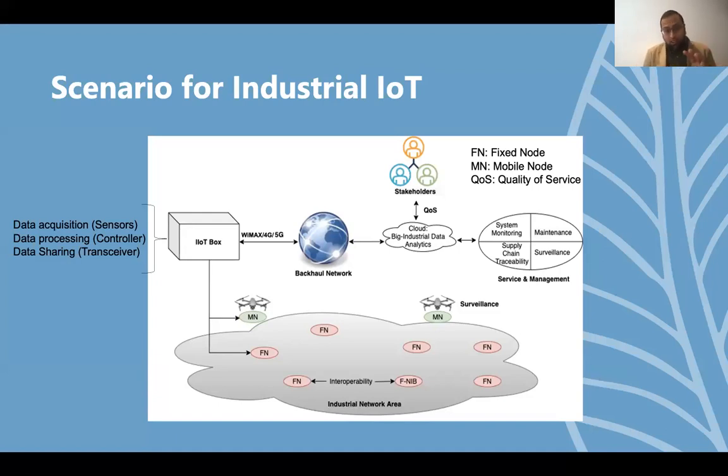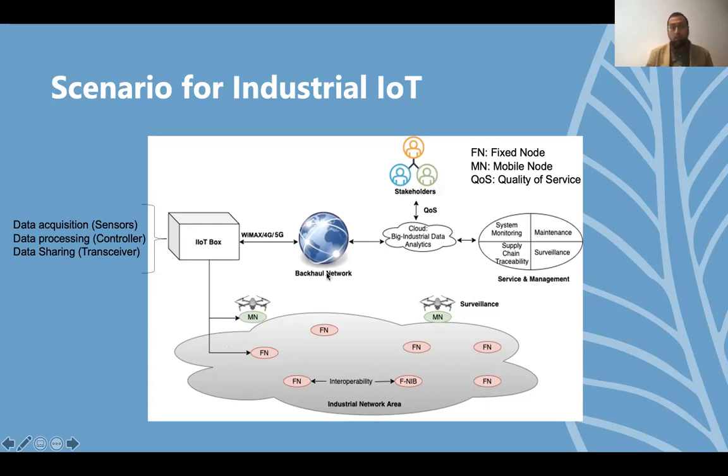In the data processing unit, that will basically be the controller that will get the data and take the decisions. And in the lower end, at the edge part, you can also reduce the unnecessary data. And once the decision is made locally, then this data can be transferred through the transceiver, go through the backhaul network, and the information can be stored in the cloud.